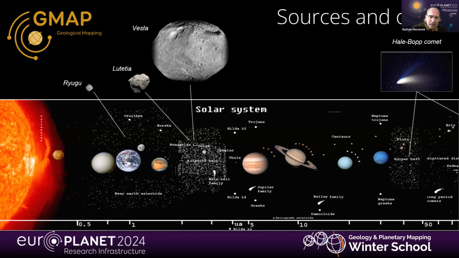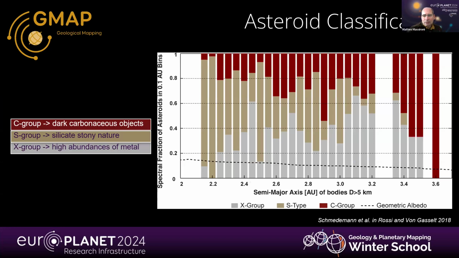As I said, the composition of the asteroids varies, and at 3 astronomical units from the sun we have what we call the snow line.